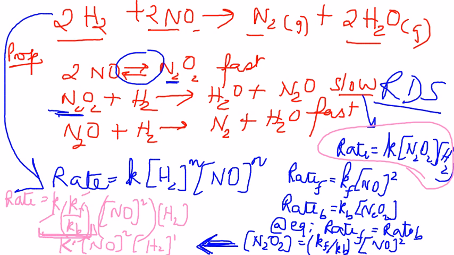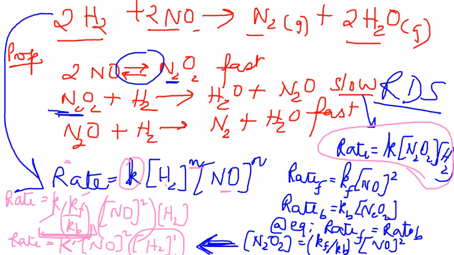If I compare this to the equation that I had already written, the left-hand side just states rate is equal to some rate constant K times H2 raised to the power of M times NO raised to the power of N. I do have a factor of H2 raised to the power of 1 and NO raised to the power of 2.